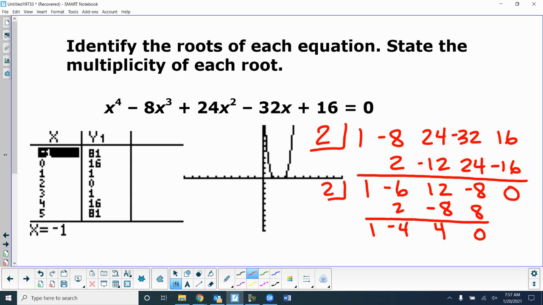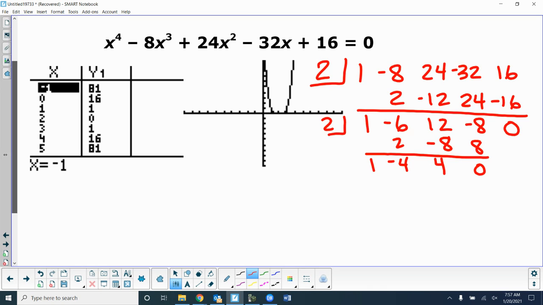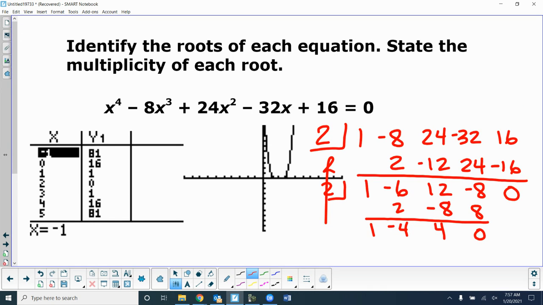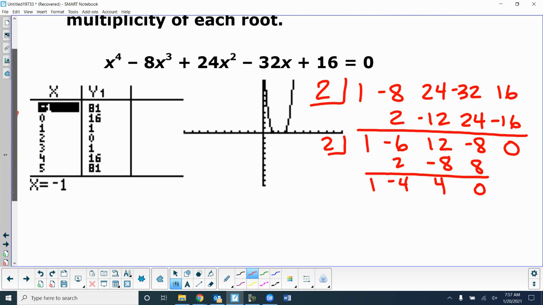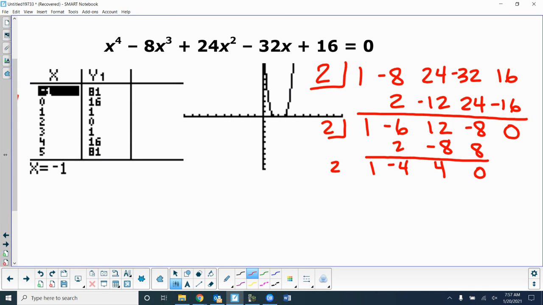And what Hannah said, it's even multiplicity, so it could work 4 times, because 4 is an even number, right? So I'm going to check to see if 2 works a third time. Okay. All right, so I just put the 2 out front again, and I just go to the 4 now.